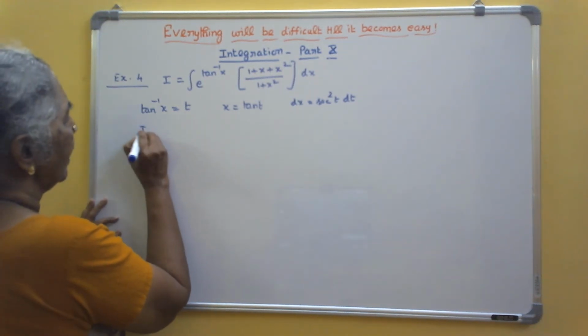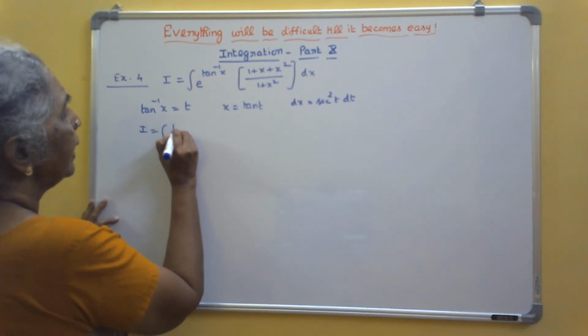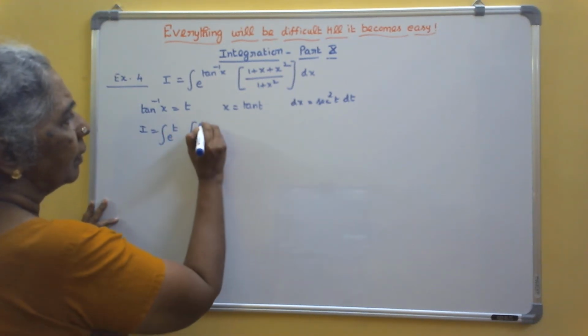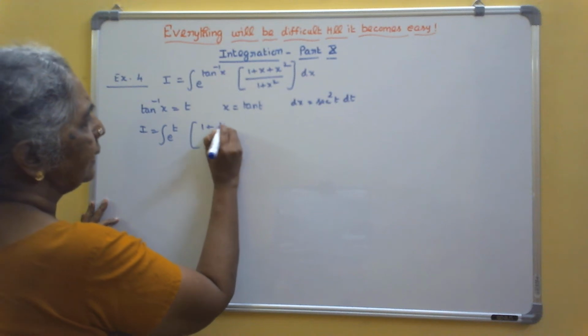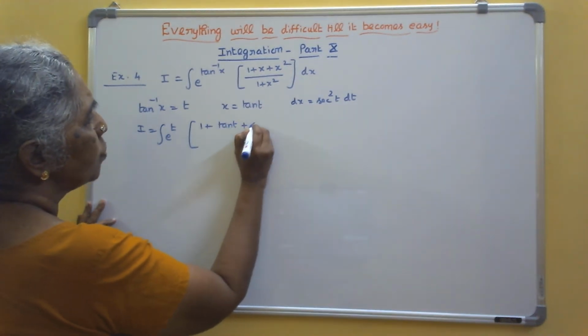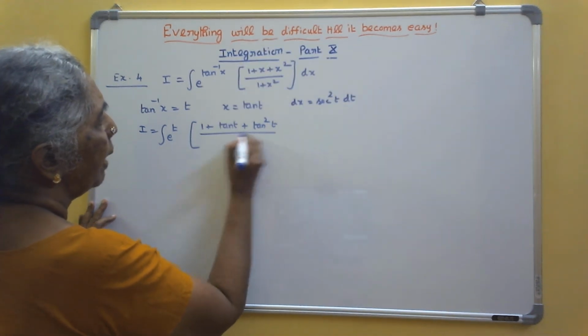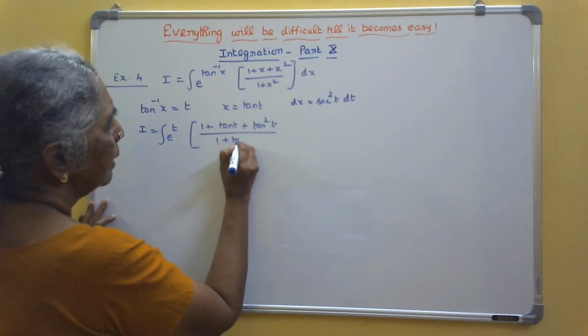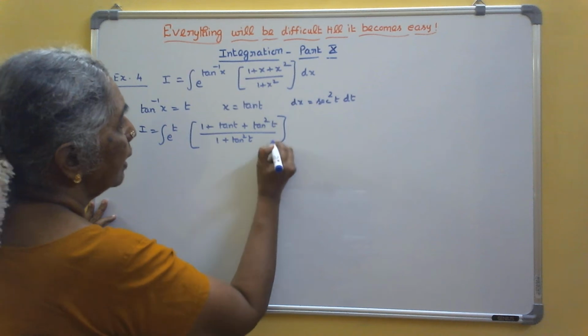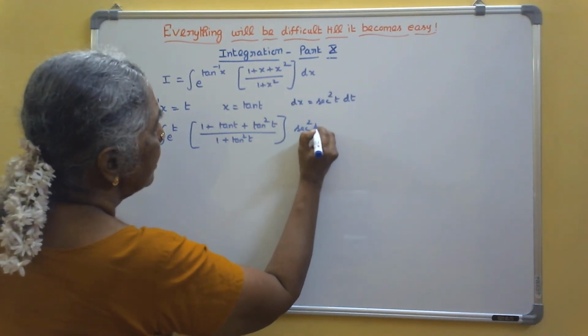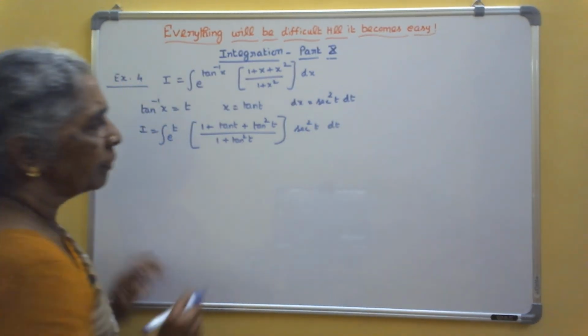So now my I will be integral e power t, then 1 plus x, where x is tan t, x squared is tan squared t by 1 plus tan squared t, and dx is secant squared t dt.